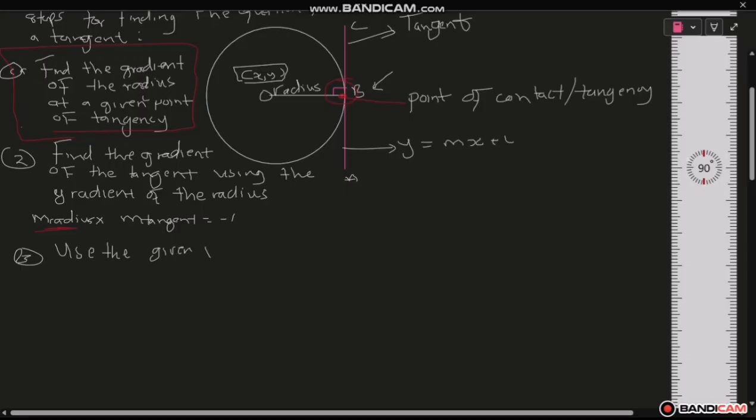But we'll make an example. So use the given point, the third step.